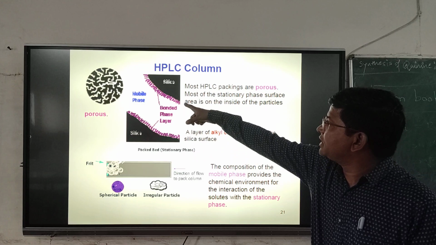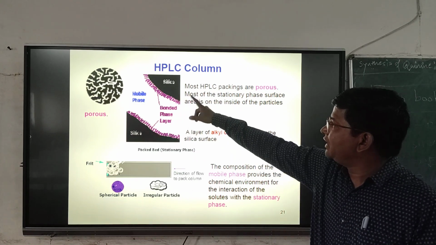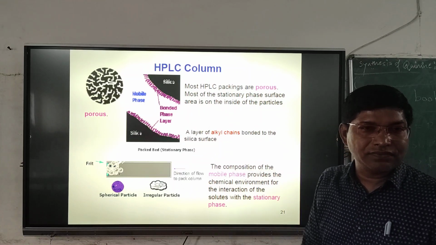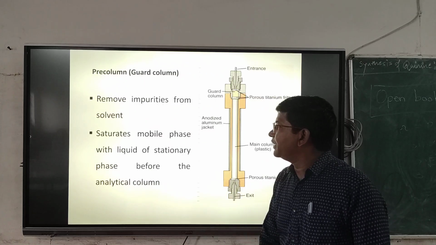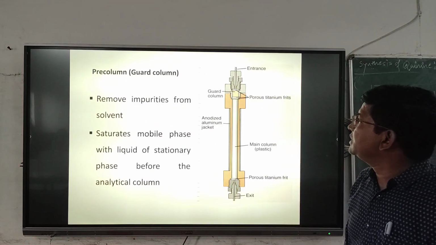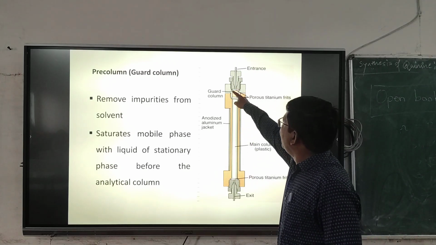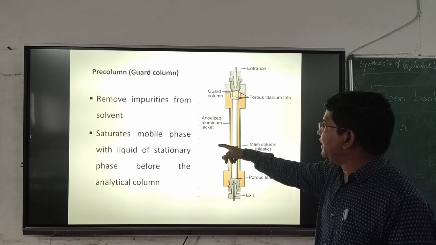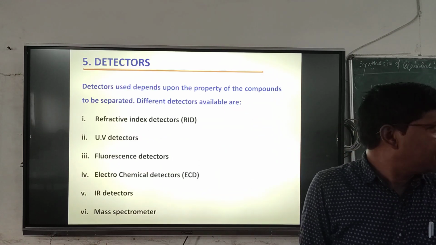So this is a single particle in the stationary phase, which we can see through a microscope. So this is a guard column and this is a main column, and the function of the guard column is to remove impurities from either the solvent or your sample.